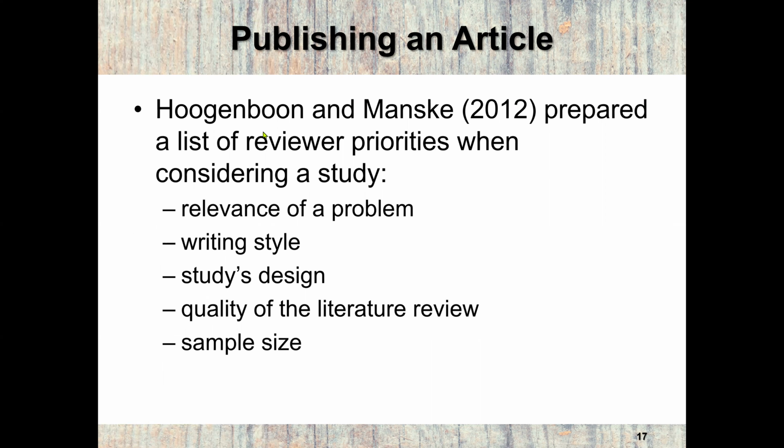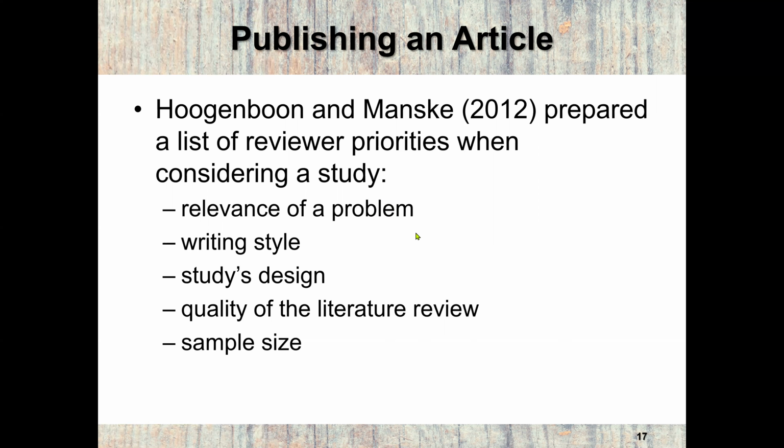So in June and March 2012, they prepared a list of reviewer priorities when considering studies. They said the relevance of a problem. I think that's the most important. Most reviewers will ask what your study is contributing to your field of studies.